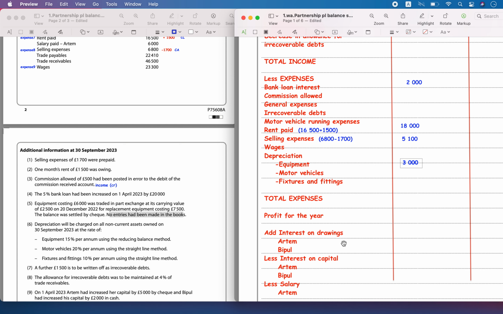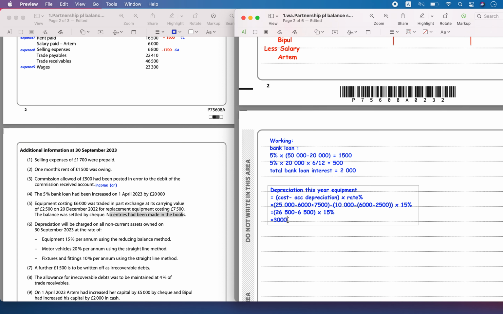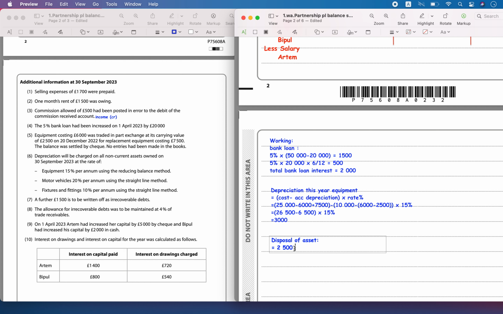Next we have the carrying value of the asset that was determined as a market value, plus they had to pay some check to get an item worth 7,500. So how much did they pay? The business paid was equal to 7,500 minus 2,500.